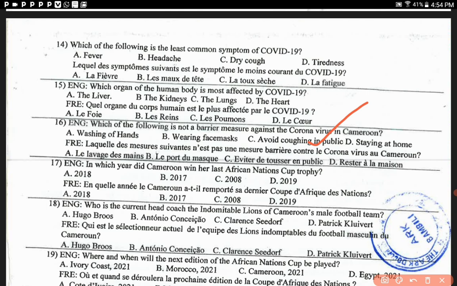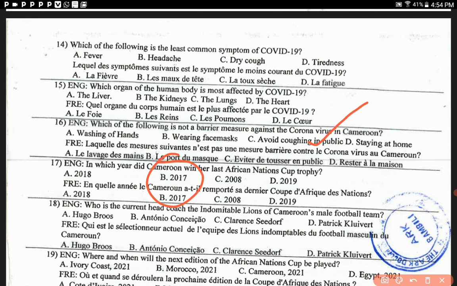Now when you look at the other options, 2018, 2019 and 2008, they are not the correct years for Cameroon's last African Nations Cup. So the answer is 2017. The next question should be 18.